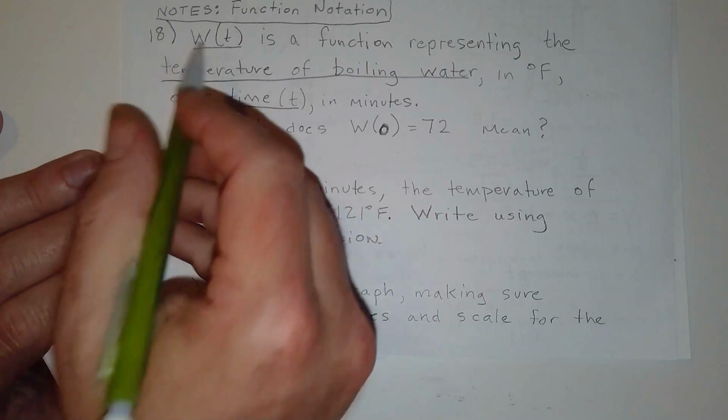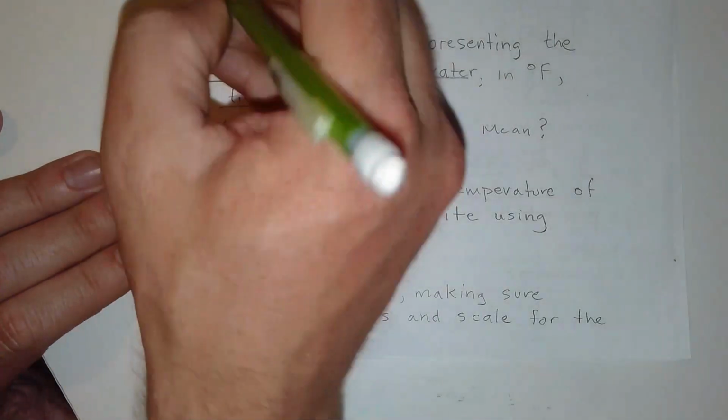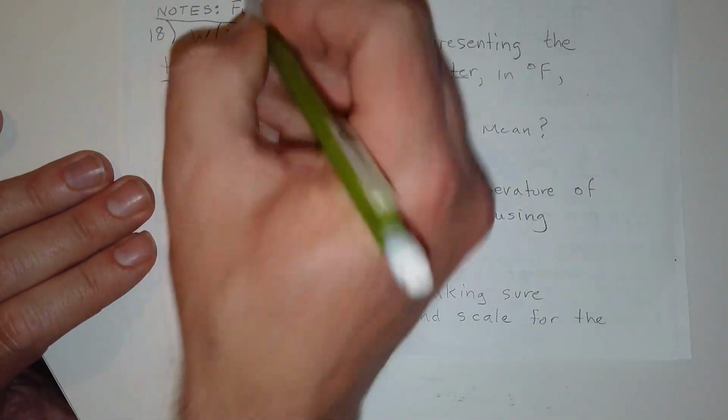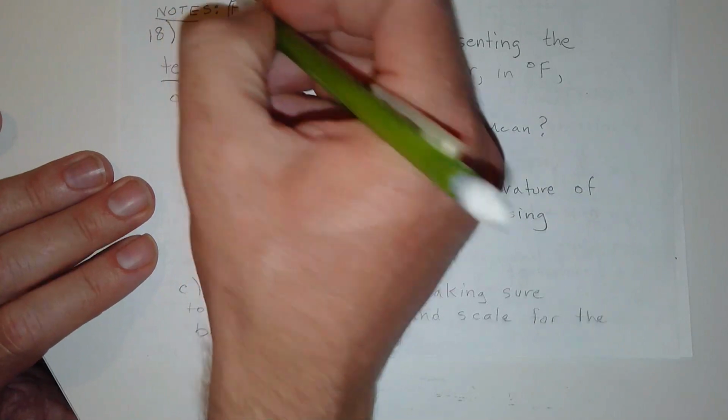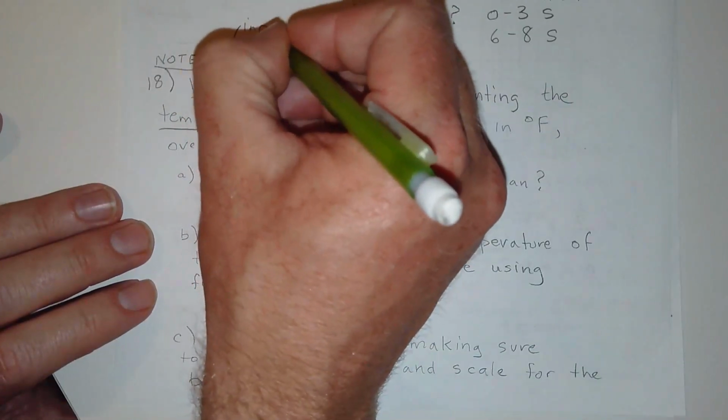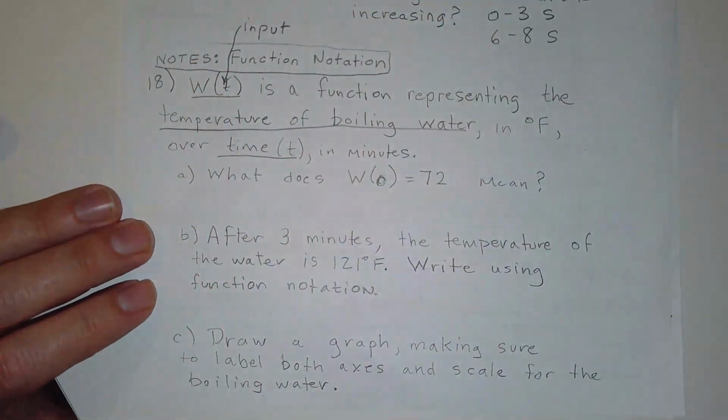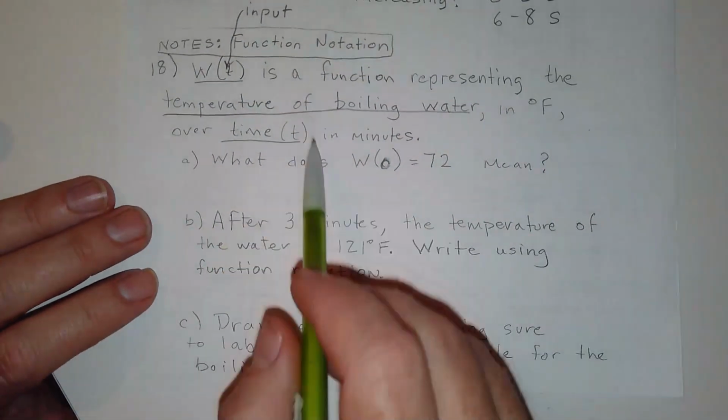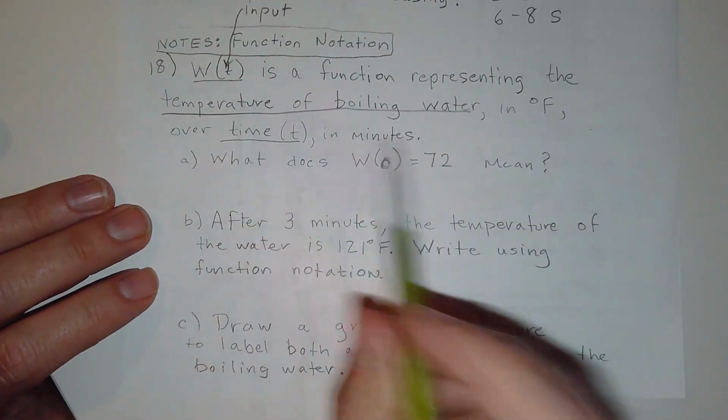So again, I know when I have W of t, this is the name of the function. T is the input. And I know that this function equals the temperature.